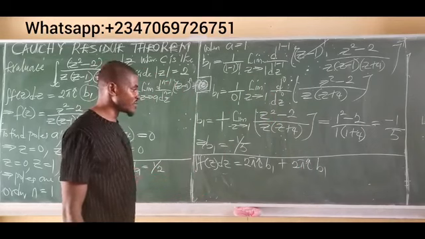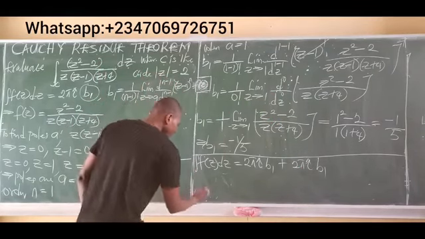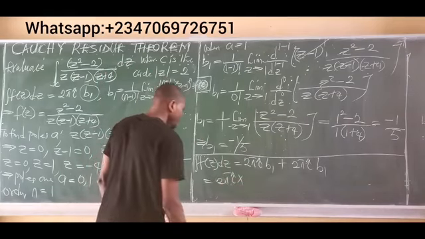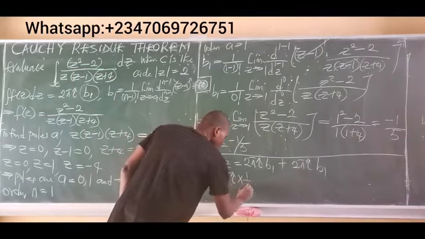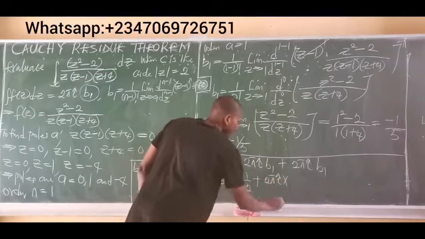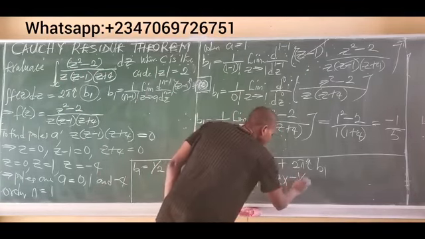You can use B1 and B2, but I think the theorem is simply B1. But then this is equal to 2 pi I times the first residue, which is 1 over 2, plus 2 pi I times the second residue, which is minus 1 over 5.